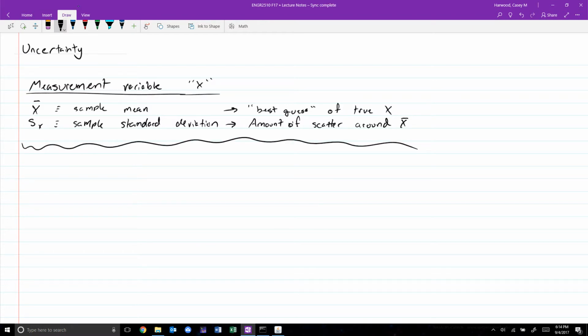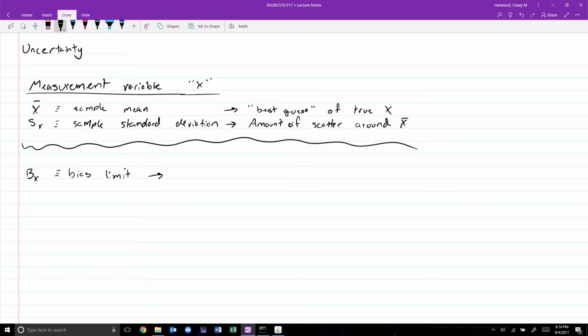Now we also mentioned in the pre-lab lectures these ideas of types of uncertainty limits, or as we call them, a bias limit and precision limit. So the first of these, B sub X, is what we call a bias limit.